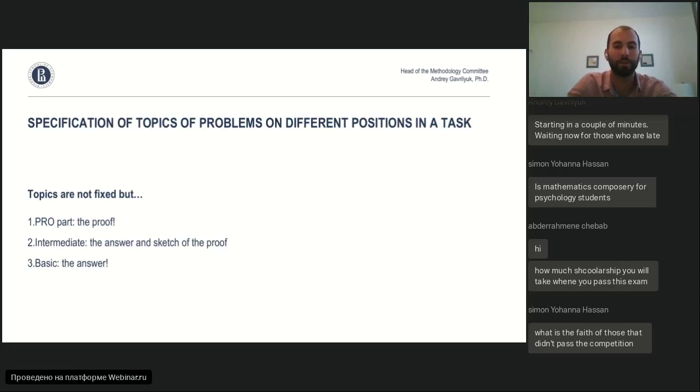That doesn't mean any sort of guarantee that all the tasks will have combinatorics and algebra on these positions this year, but that is very likely.